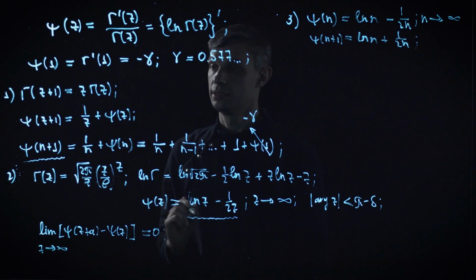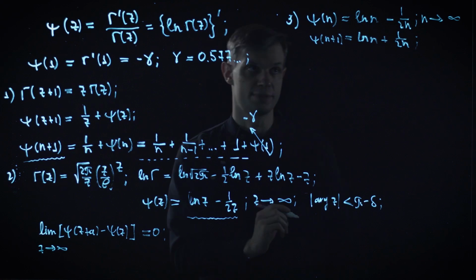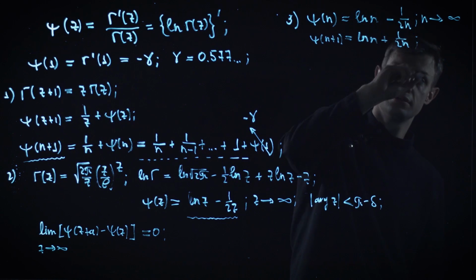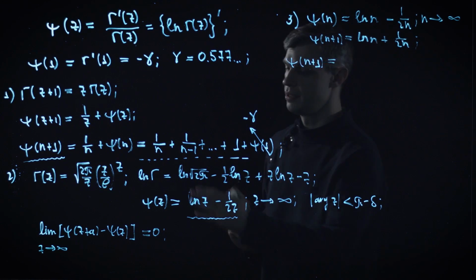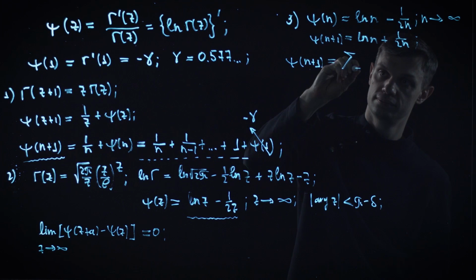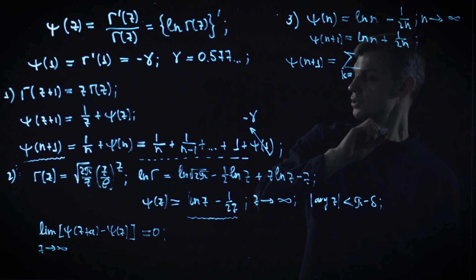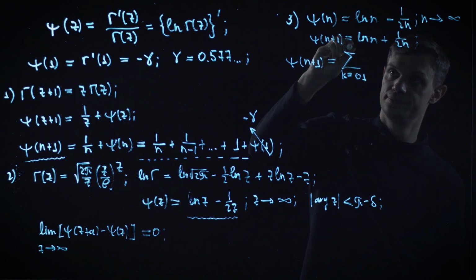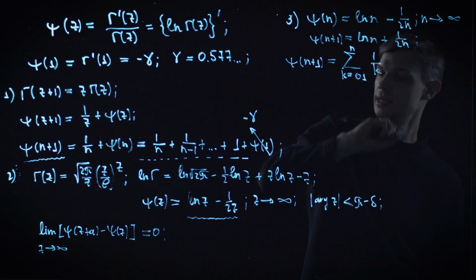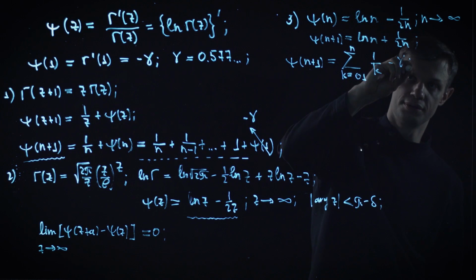Right. Next, we use this chain rule representation for psi of n plus 1. So it's equal to the sum from 1 to n of 1 over k, minus gamma, the Euler constant.